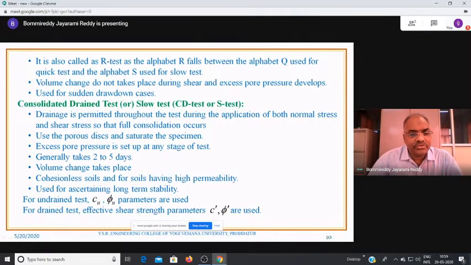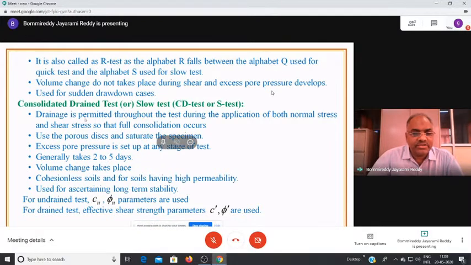That means throughout the conduct of this test, drainage is permitted, during the application of both normal stresses and shear stresses, so that full consolidation occurs in the process of the CD test.